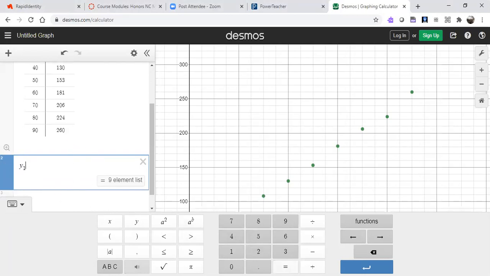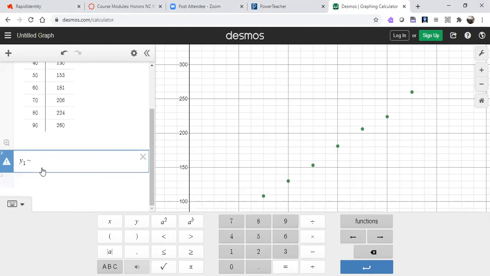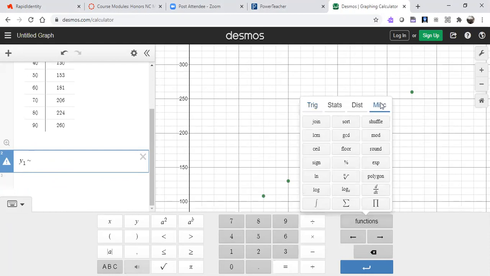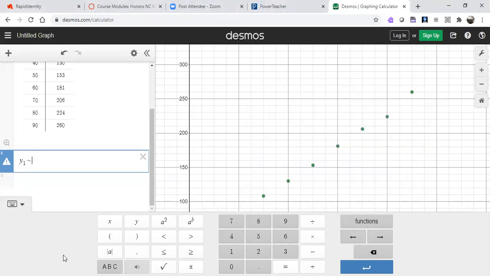But then you don't do equals, you do the little tilde. I don't see it on the keyboard on Desmos, so what you have to do is use shift, and it's right beside the number 1. There's a key that has that little tilde mark in it.